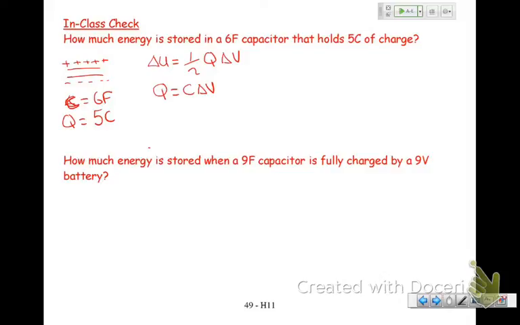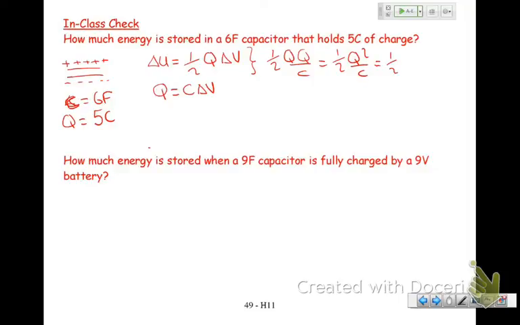That's my other recollection. So then I don't want to talk in terms of delta V. I want it in terms of C and Q. So let's get rid of the delta V. 1/2 Q times Q over C, which equals 1/2 Q squared over C. Put some numbers in.